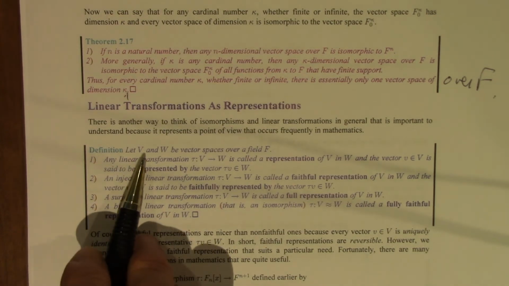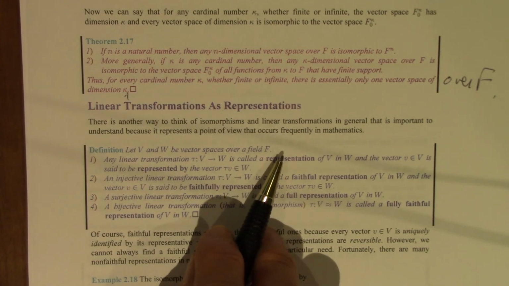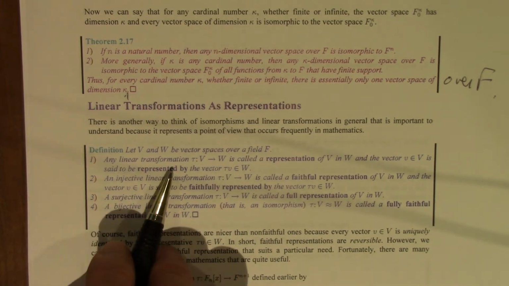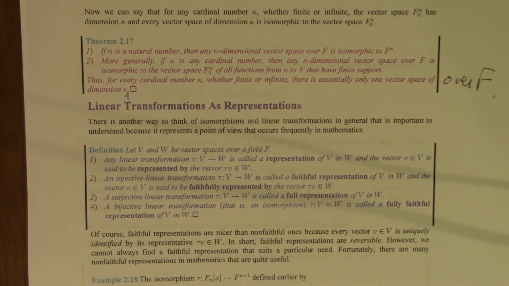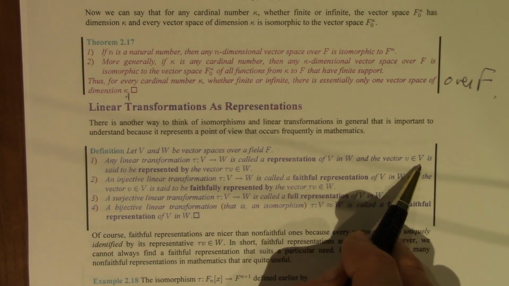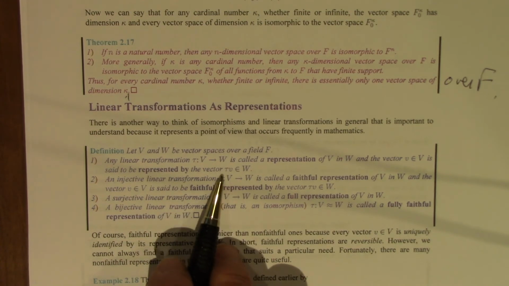Here's a definition. Let V and W be vector spaces over a field F. Any linear transformation tau from V to W is called a representation of V in W. And a vector little v in V is said to be represented by the vector tau(v) in W. This is not new mathematics.